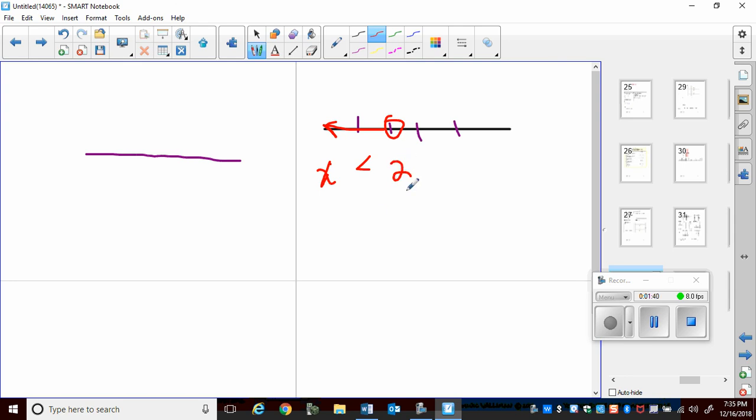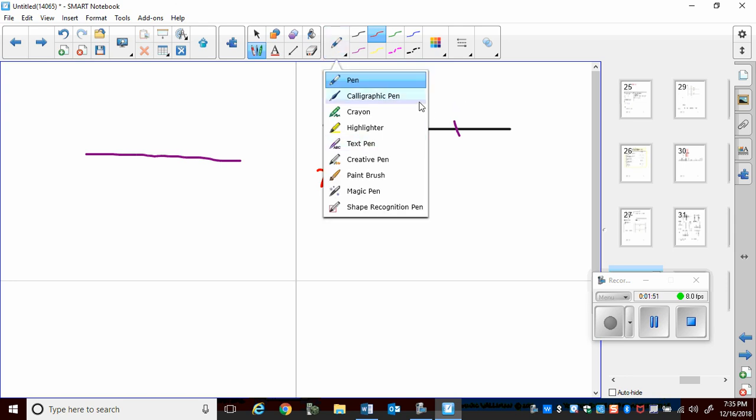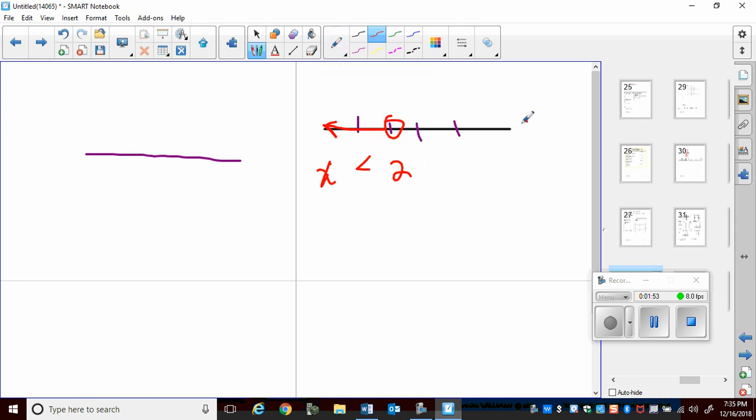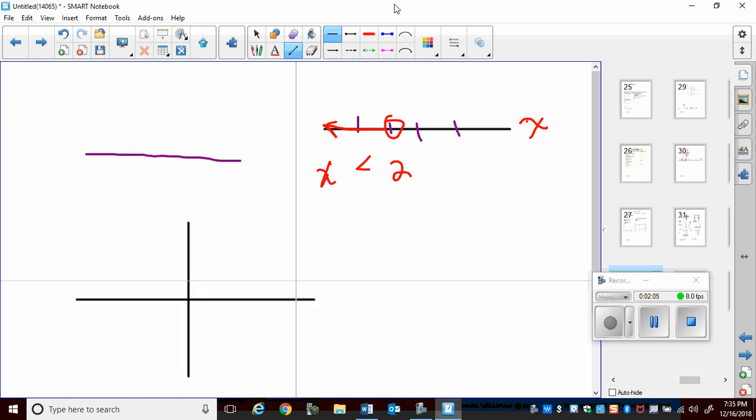But where we are at is two-dimensional graphing. When you're talking about linear inequalities, you're doing two-dimensional graphing. Here we're only dealing with the x-axis, but with linear inequalities we're dealing with the y-axis and the x-axis.